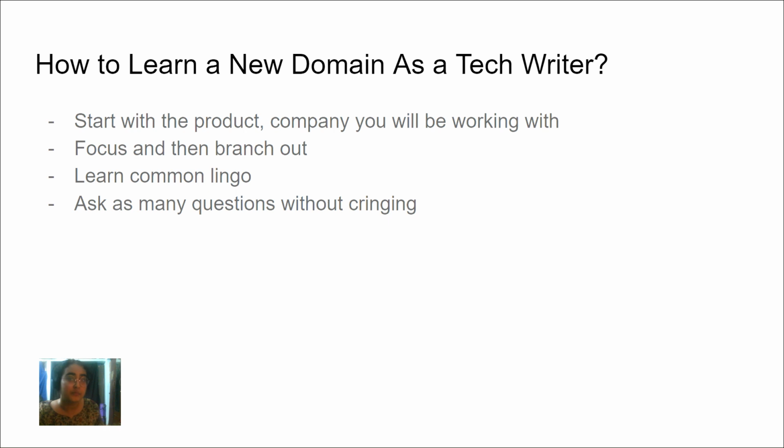Some terms or concepts will be frequently focused on or repeated. So learn those first. That is my second tip. My first step would be to start from the product, because the easiest way is to start with the smallest portion and then branch out. So start with the product, learn the most common concepts or the lingo used, then you can start branching out.